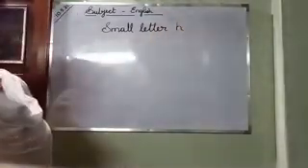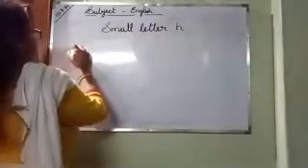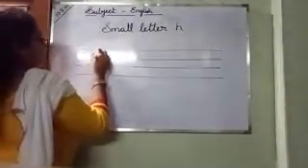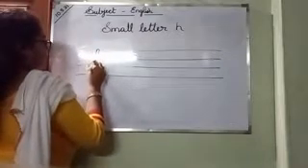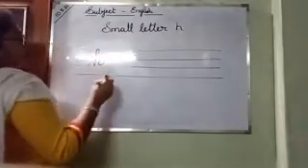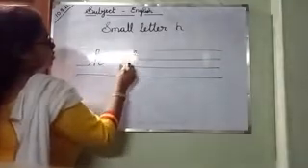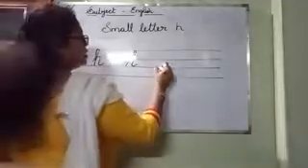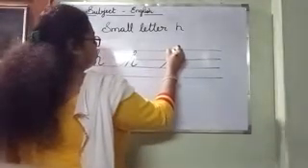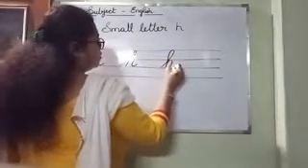We are going to practice small letter H. How you will write? First let me draw the 4 lines. This is our 4 line. From this 3rd line, you raise the line to the top, then curve it, then down. This is your H. Again see, from here, bring to the top, then curve.